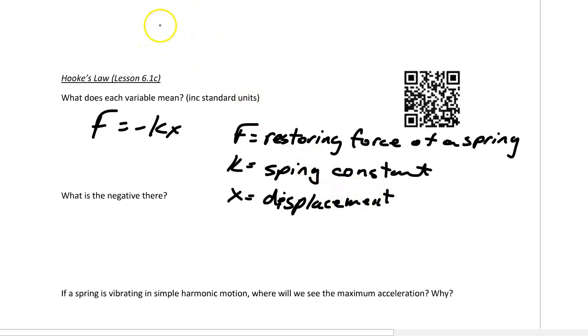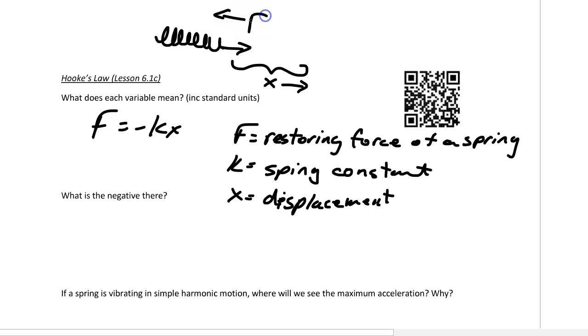Okay, so if we've got, let's say, a spring and we're stretching it some distance x, we've pulled it in this direction. The spring is going to act in this direction, forcing it back with some sort of spring constant k describing how stiff the spring is. So this is the spring stiffness, if you will.